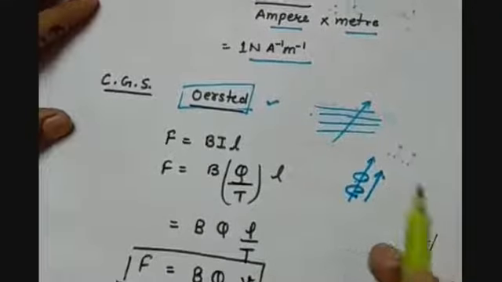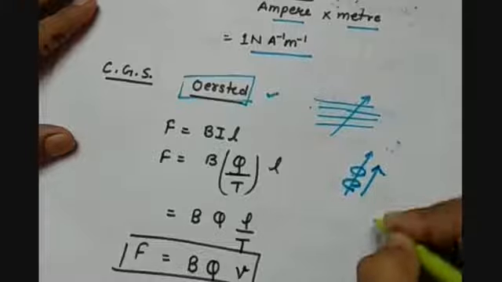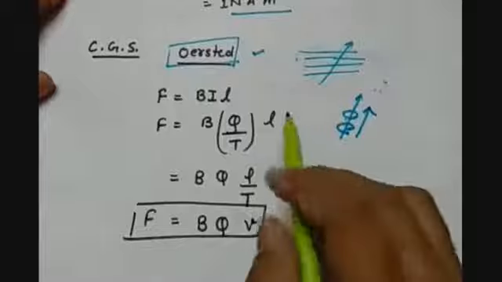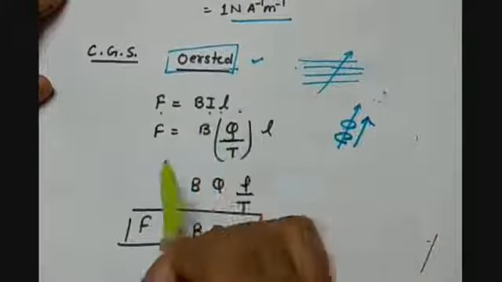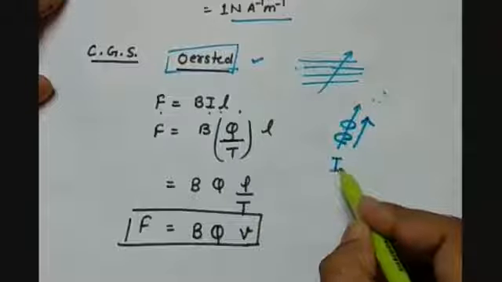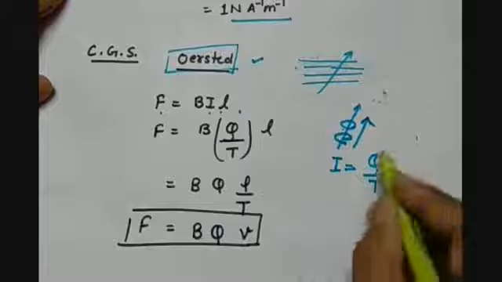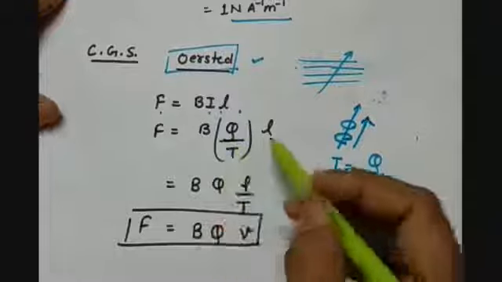So when a moving charged particle enters the magnetic field, we can also find the derivation for it. We have F equals B I L, but we know that I is equal to charge per unit time, so we put this value of I into the equation.